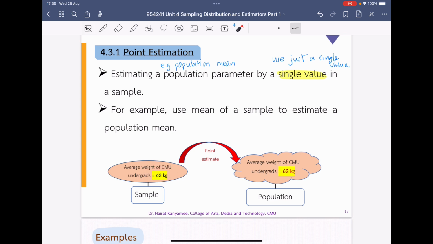Then for point estimation, we just use this value to estimate the population parameter. So we use exactly this value from the sample as the population parameter. We say that the average weight of the population would be 62 as well with this point estimation, just using a single value of the sample.